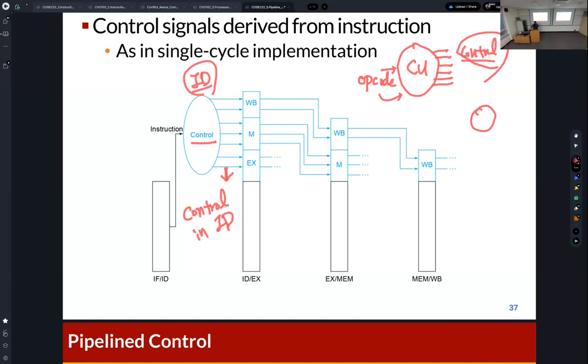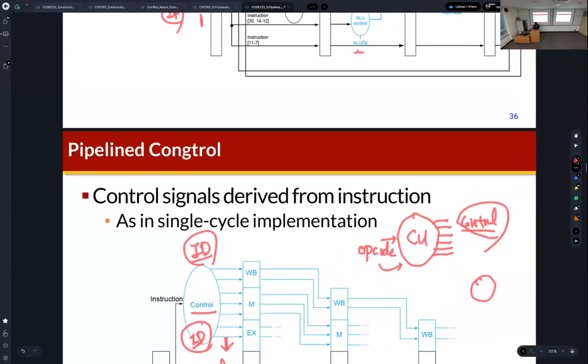Which means that when the RD is written back to the register file, we need to use the RD in write back. So the control signal is the same. Control signals are generated in the ID stage, which means these are control signals in ID.